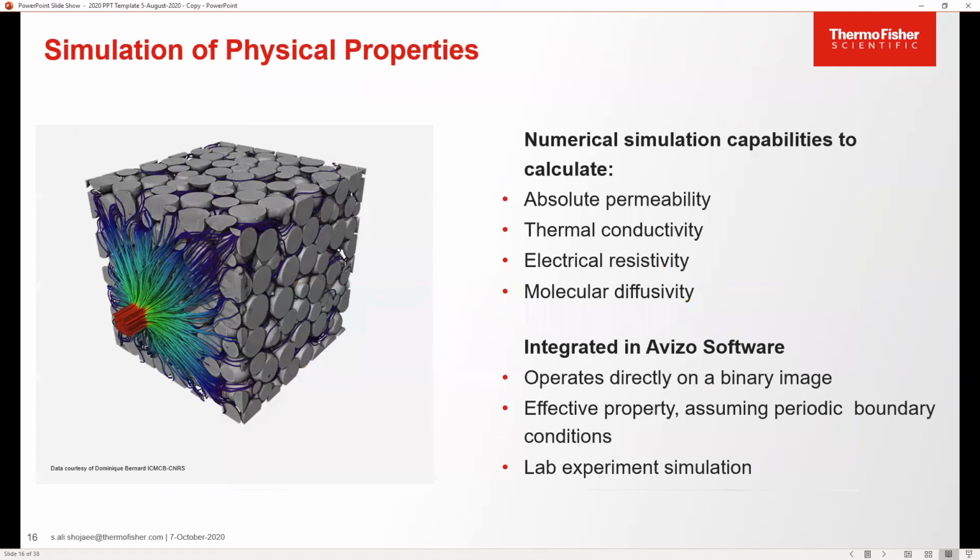Another specific application of Avizo for image processing is simulation. It's a very specific kind of simulation that Avizo and Amira run. They are essentially all image-based simulations, where you use a binary image, a segmented image, to get information about material properties.